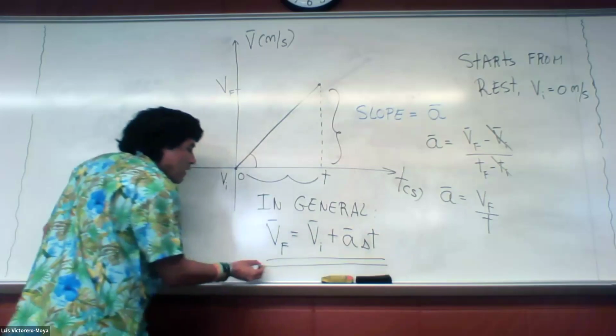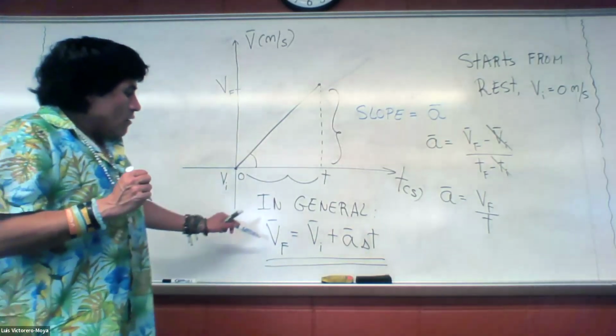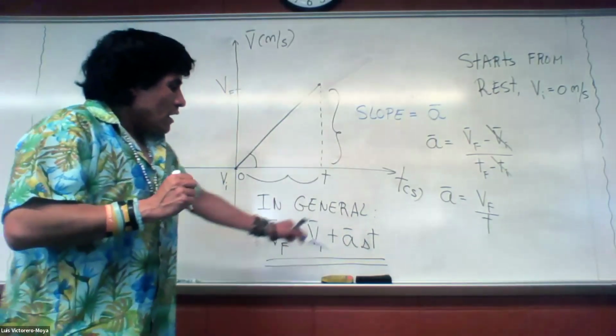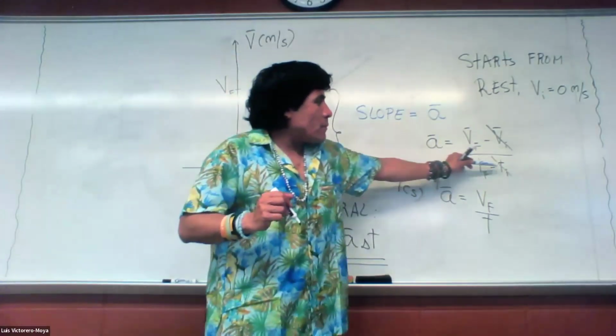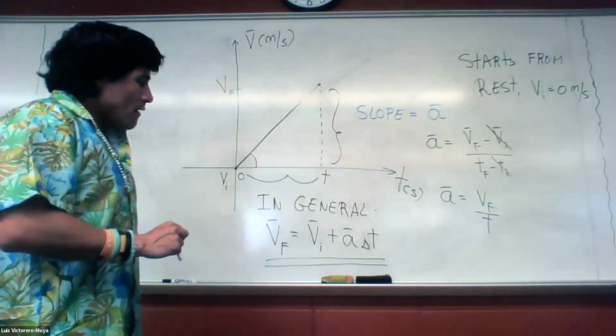So that is a famous kinematic equation. It relates the final velocity, initial velocity, and the acceleration. And delta T is T final minus T initial, which is normally the elapsed time or time.